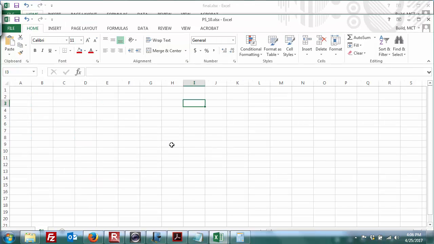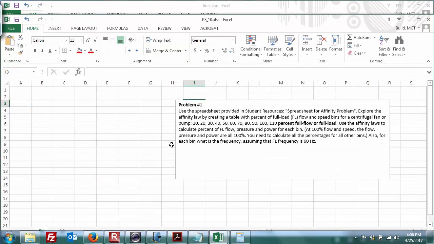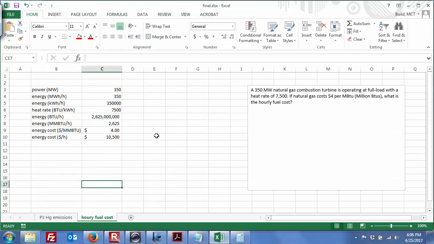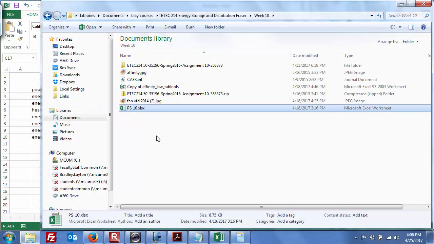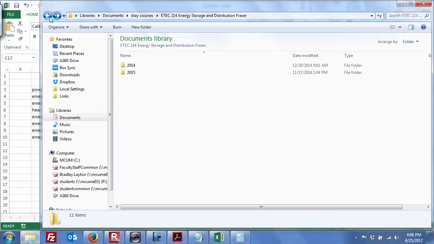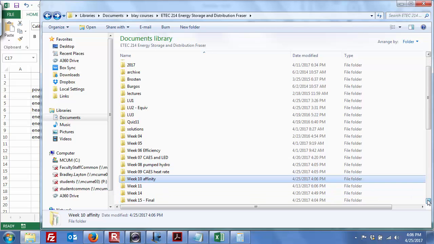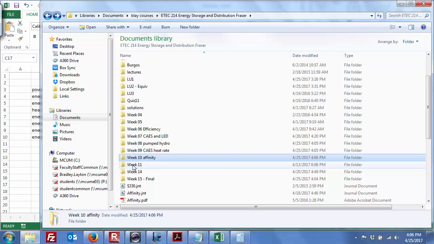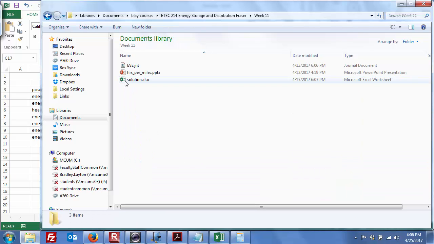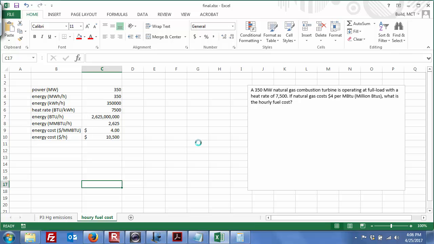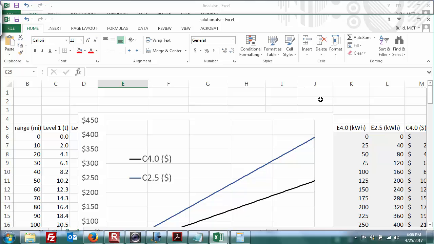Yeah, it's the second part of the affinity law. Right, okay. Close that one. It was right there. Affinity, okay. What was week 11? Solution, that was EVs. I remember doing that, that was good.